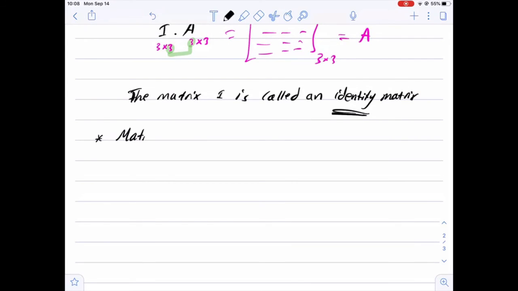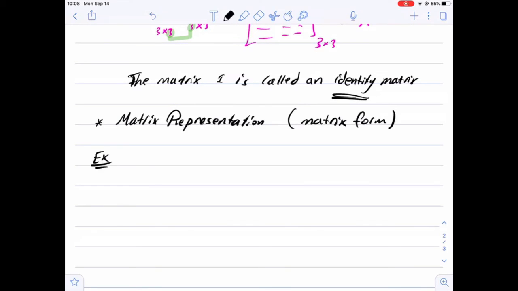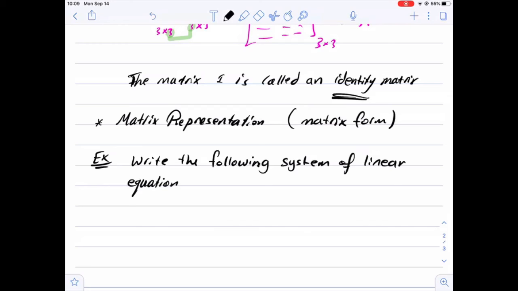So we have matrix representation, or sometimes called matrix form. Now what is the matrix form? Let's take an example. We want to write the following system of linear equations in matrix form.